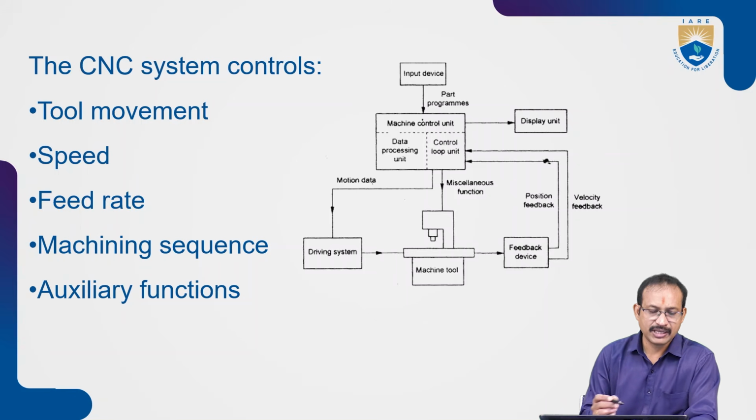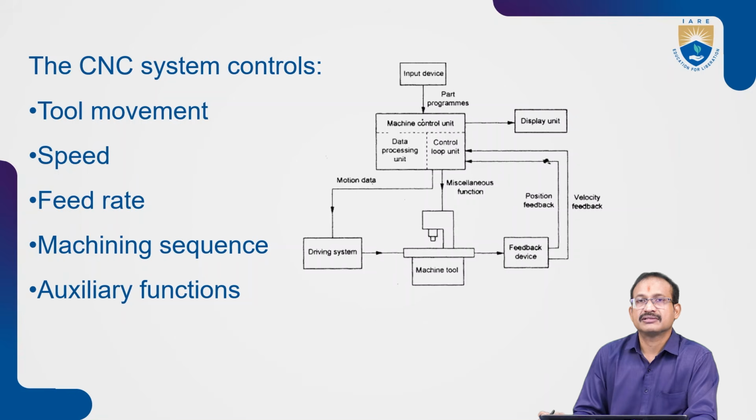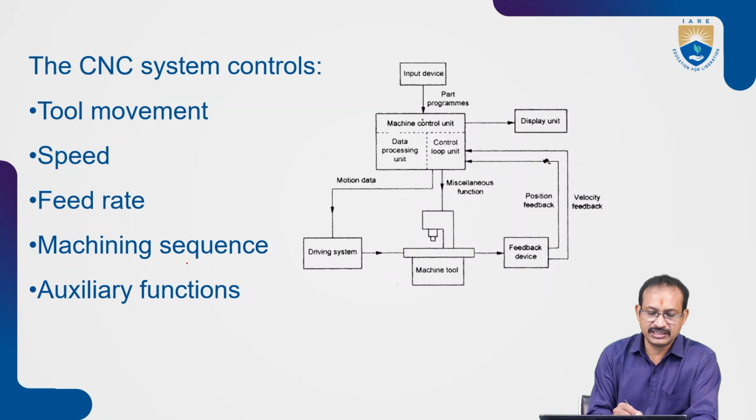And machining sequence. Let us say grooving on a CNC milling machine. First, it has to perform the grooving operation. Later, it has to make some holes on the same milling machine, so it has to take another tool, a drill bit.